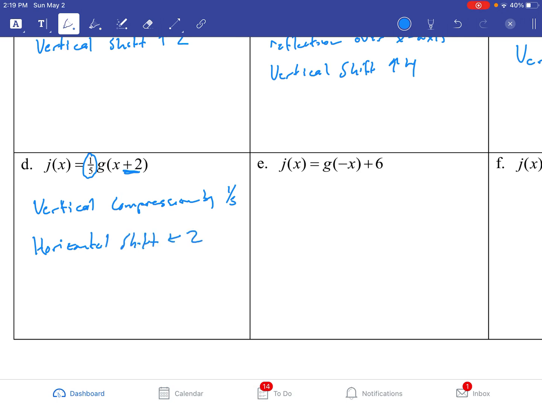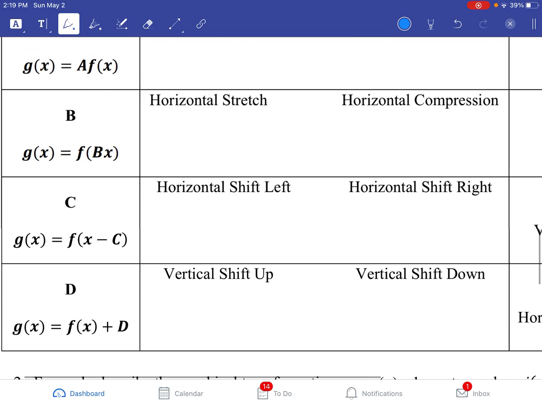It's going to go to the left by 2. Next, this negative sign being multiplied times the x is a reflection. But since it's on the inside, it's over the y-axis. And then the +6 is a vertical shift, going up by 6.